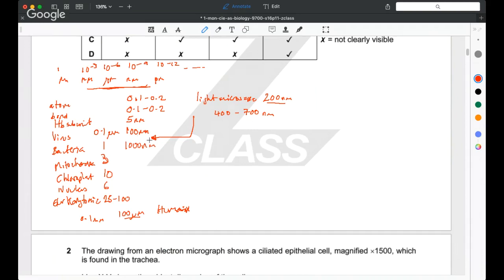So the light microscope is about here. But there's going to be a lot of detail that we're not going to be able to see for these organelles. You see, these are quite close to the limit of the light microscope. So to get good resolution for the fine structure of organelles, the light microscope isn't really sufficient. So you're going to need the electron microscope.